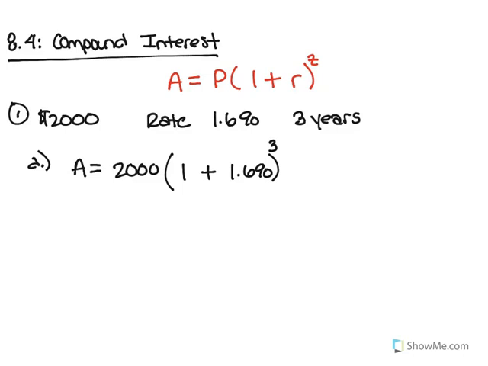So I'm going to type that completely in the calculator. We're going to say 2,000, parenthesis, 1 plus 1.6. Go get your percent sign. Close the parenthesis. Go get the top hat and put 3.